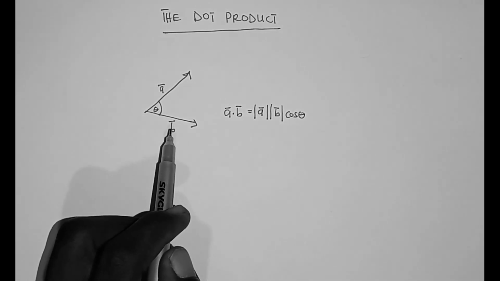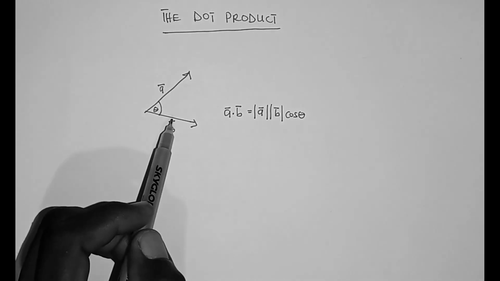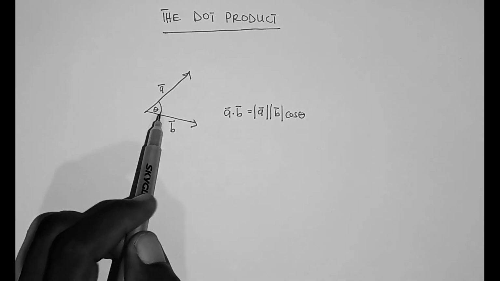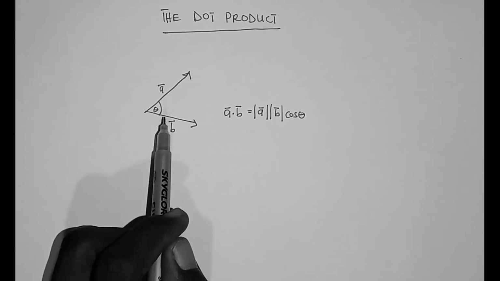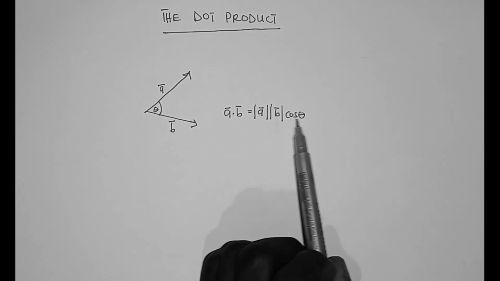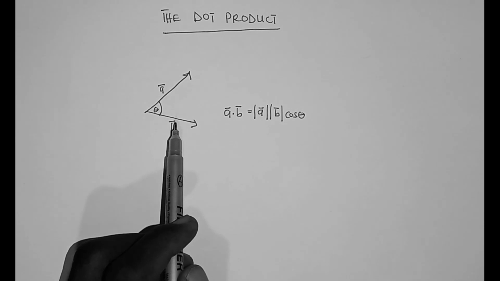This is so because in order to multiply two vectors, you can multiply the magnitude of those vectors. However, two vectors must be in the same direction for you to multiply them. So this cos theta is making up for the direction of the two vectors.